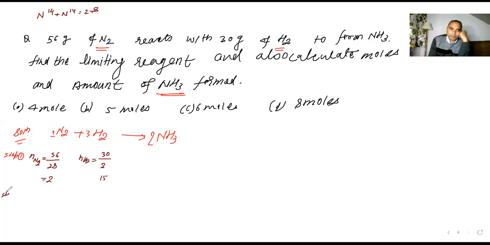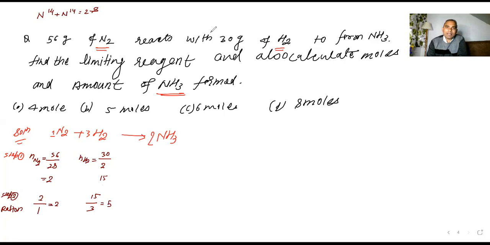Step number two: we calculate the ratio of moles with coefficient. So for N2 it is 2 upon 1, and for H2 the ratio is 15 upon 3. Here the ratio is 2 and here the ratio is 5.